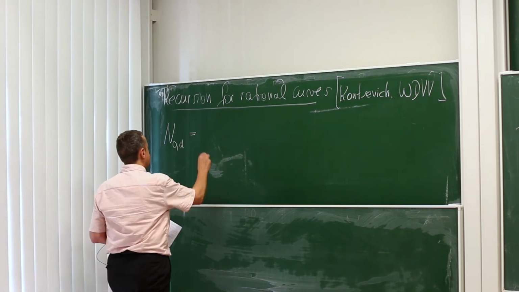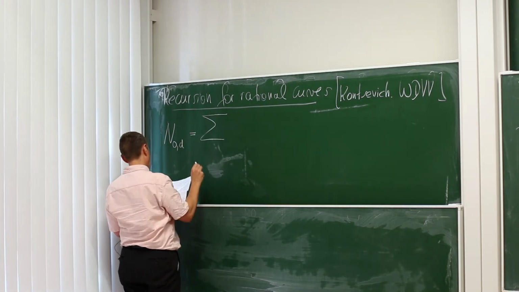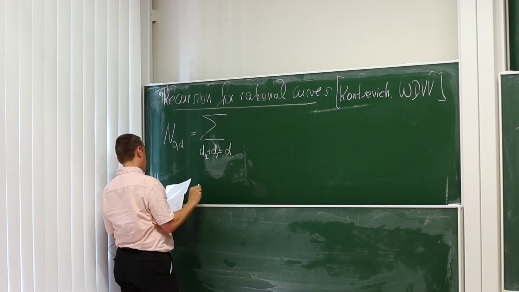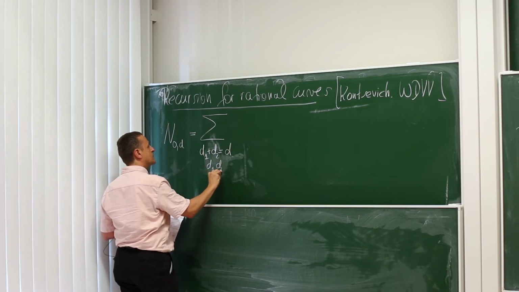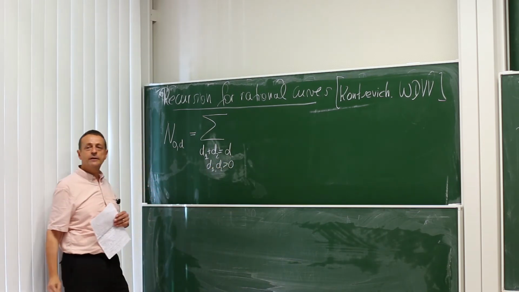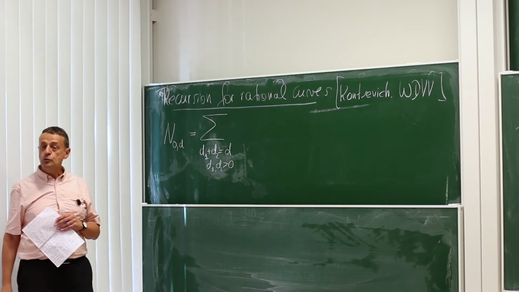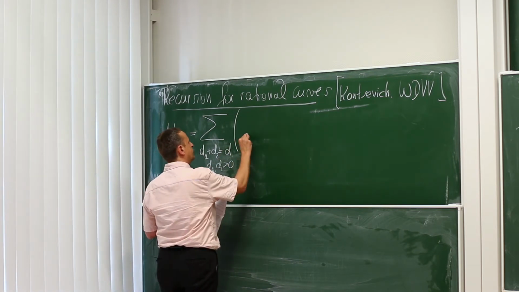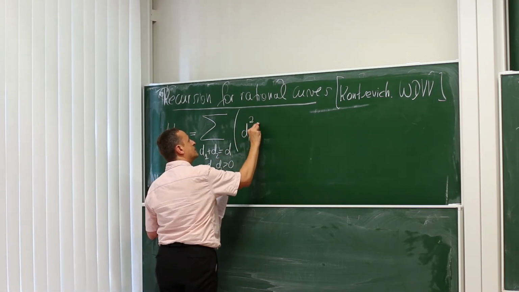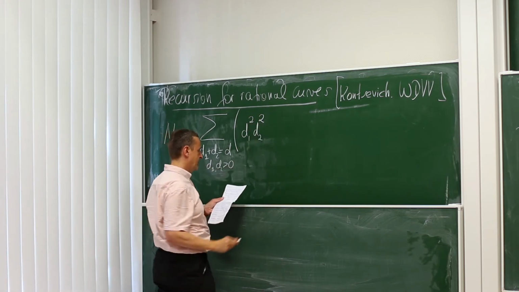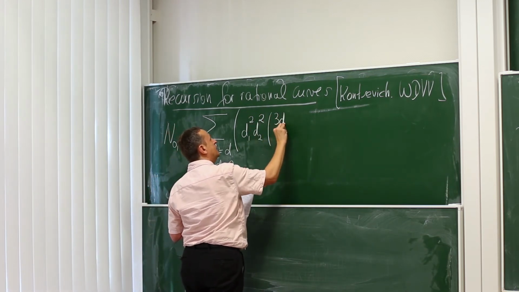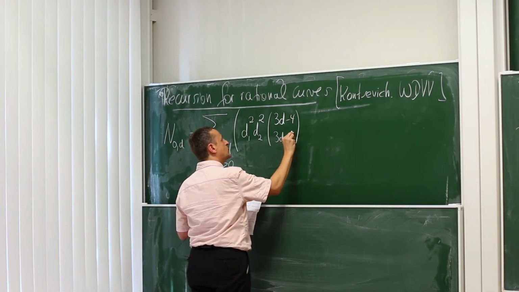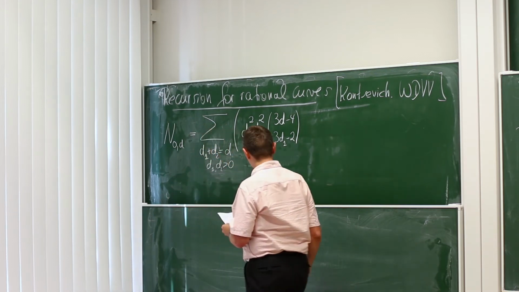Okay? So this is a sum over pairs of integers, d1 and d2, that sum to d, and they're both positive. So I look at all possible ways of writing my degree as a sum of two unordered positive integers. Then I have a coefficient, and the coefficient is d1 squared times d2 squared times binomial 3d minus 4 choose 3d1 minus 2.